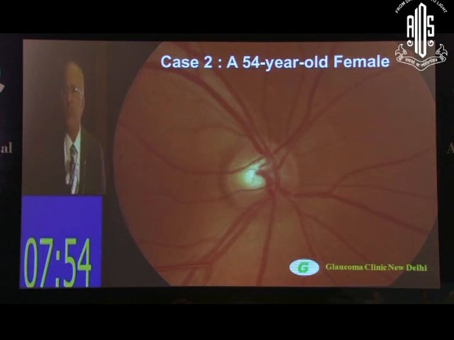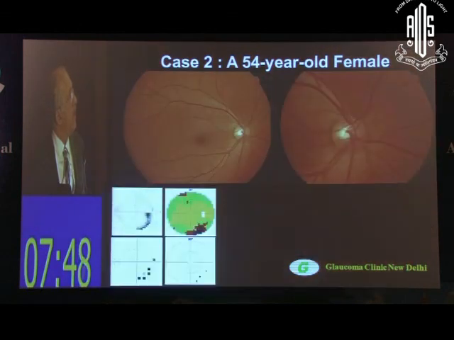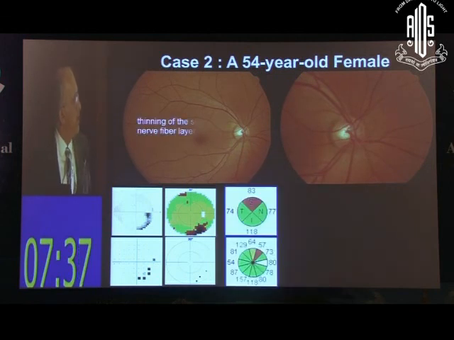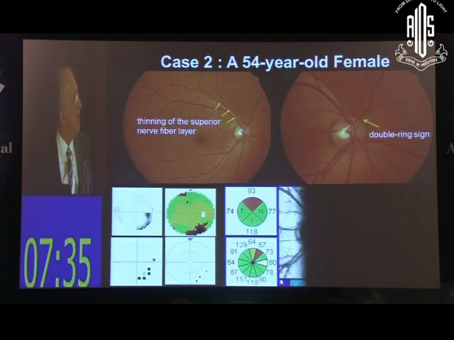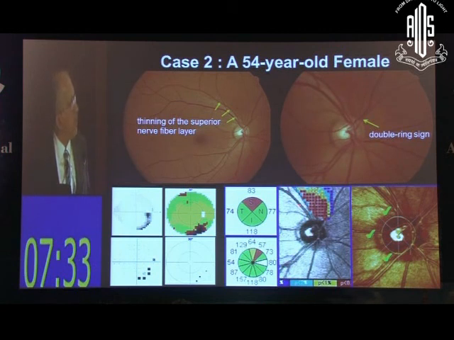I'll just close by showing you one of these patients, average size disc as you see here. The visual fields produced on the Octopus and the Humphrey show the typical inferior depression as you see here. We got the OCT, the GDx, some of these images done, all of them showed a superior thinning of the neural rim. Clinical examination picked up a superior thinning of the nerve fiber layer.